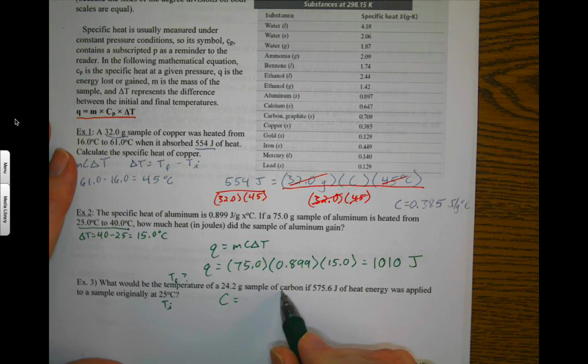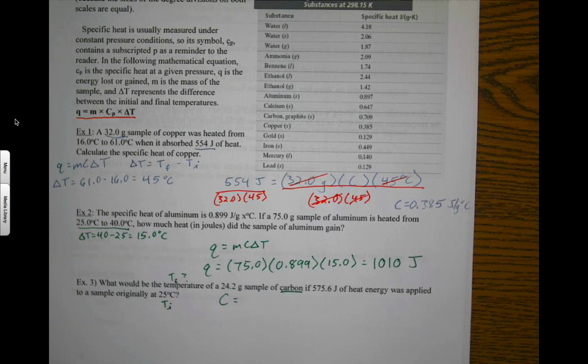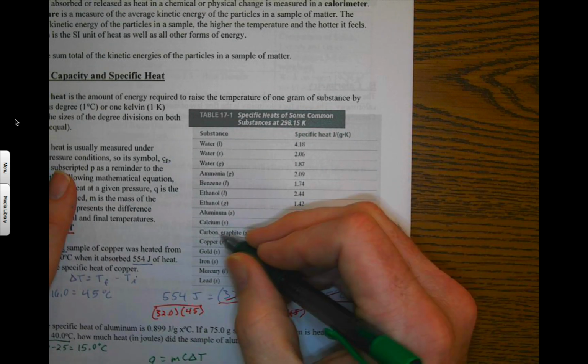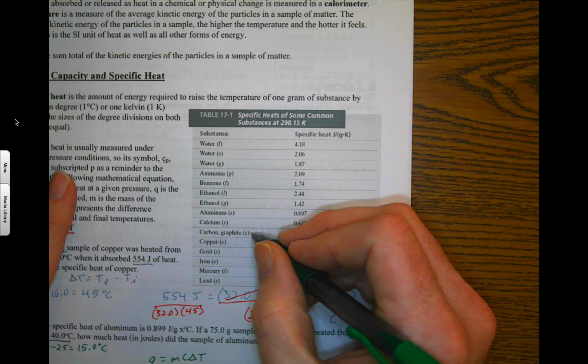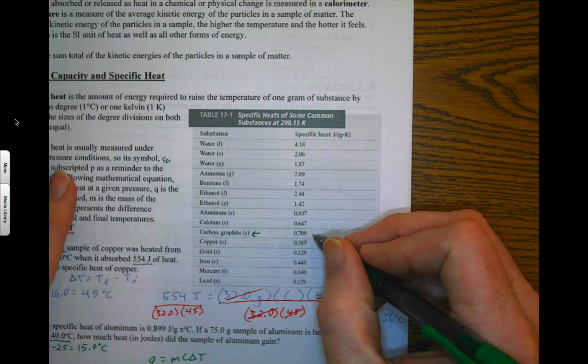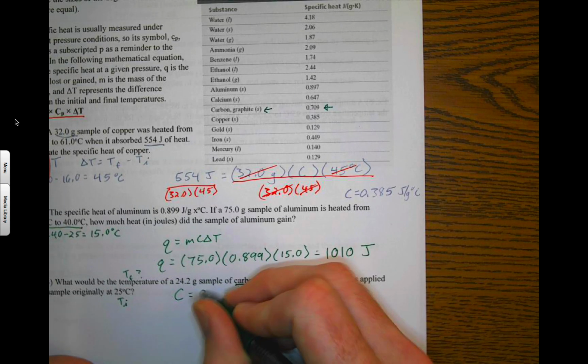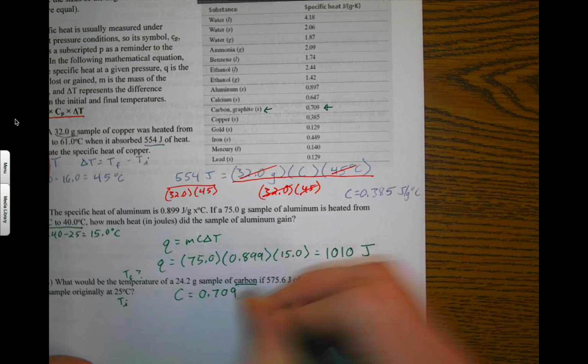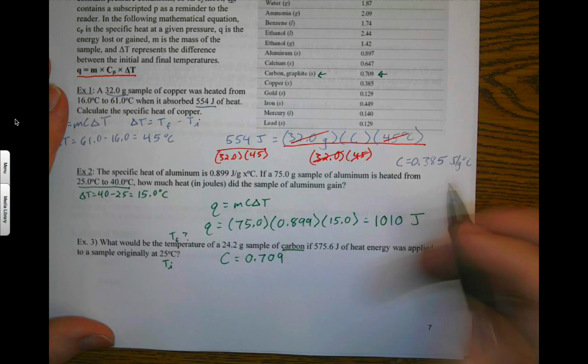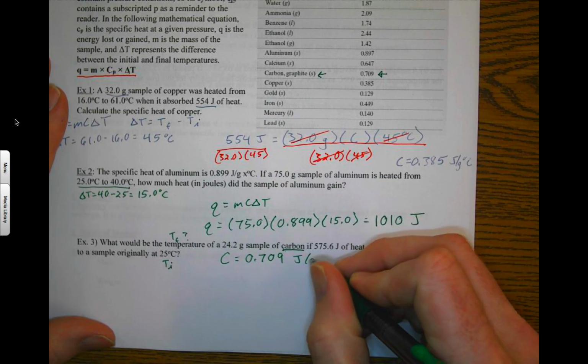Well, since we're with carbon, remember specific heat is specific to that element or that substance. So there's carbon, so that means we're going to use that guy. The specific heat is 0.709 joules per gram degrees Celsius.